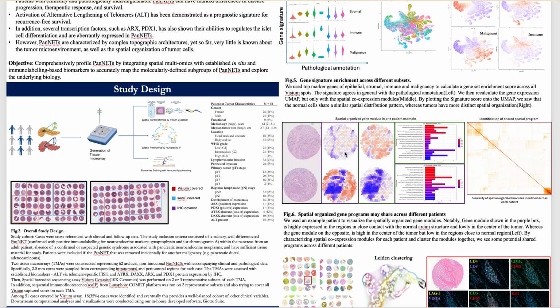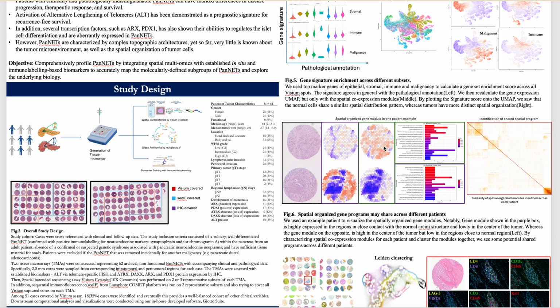When plotting this gene program spatially, you can see that this gene program is highly expressed in the regions that are in close contact with the normal region, but less expressed in the tumor center.